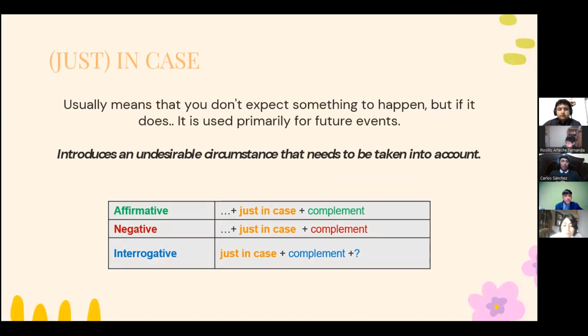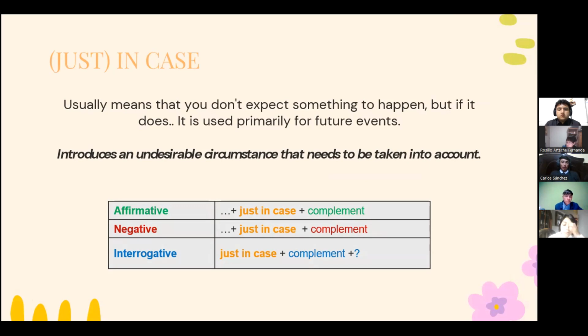Now I will explain just in case. It usually means that you don't expect something to happen, but if it does, it is used primarily for future events. It introduces an undesirable circumstance that needs to be taken into account. In affirmative, complement plus just in case plus complement.